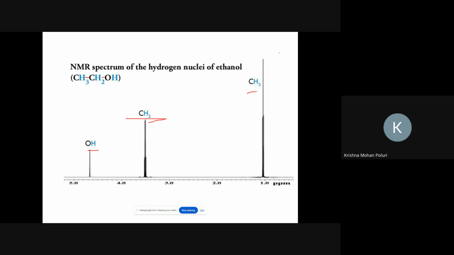If you see the signal intensity, this is roughly 3 times, this is 2 times, and this is 1 time, which indicates there are 3 hydrogens here, 2 hydrogens here, and 1 hydrogen. So the intensity represents the integration, the number of hydrogens, so you can calculate the number of hydrogens present on a given carbon.